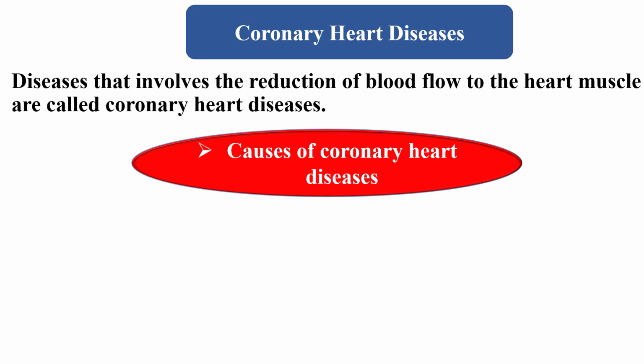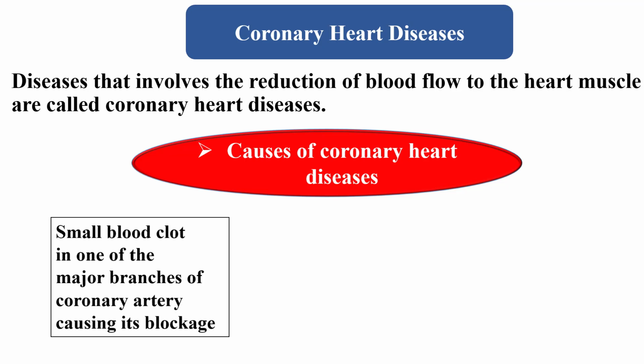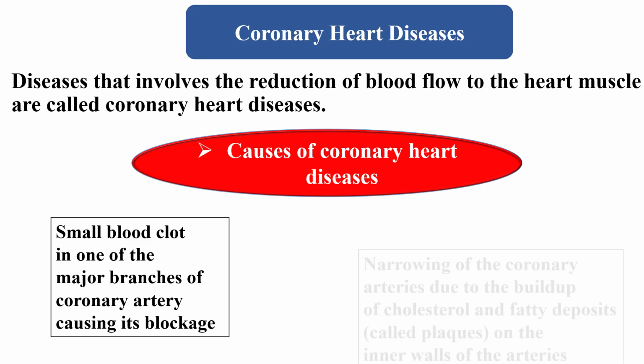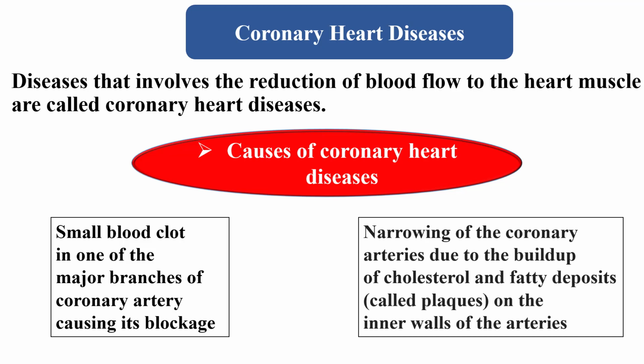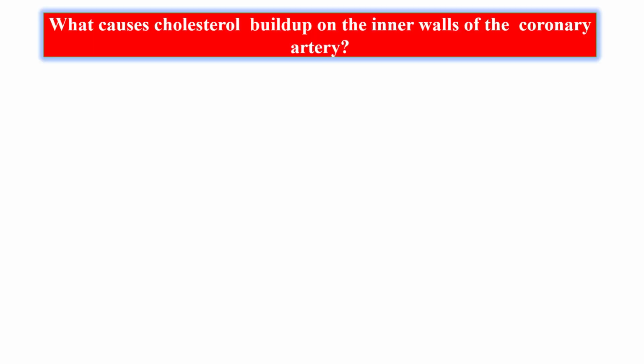Coronary heart diseases develop when the major blood vessels that supply your heart with blood, oxygen, and nutrients are damaged, either by a small blood clot in one of the major branches of the coronary artery causing its blockage, or by narrowing of the coronary arteries due to the build-up of cholesterol and fatty deposits, called plaque, on the inner walls of the arteries.